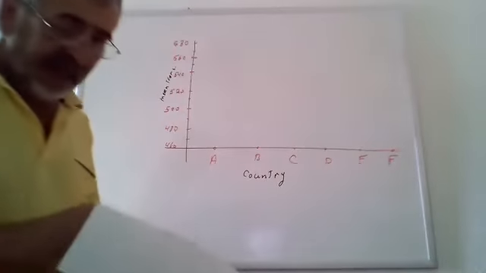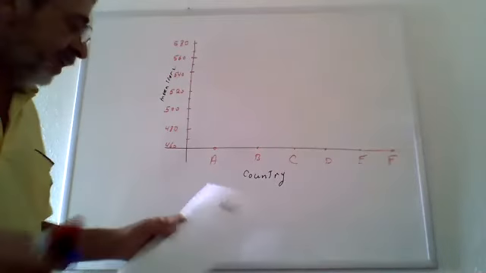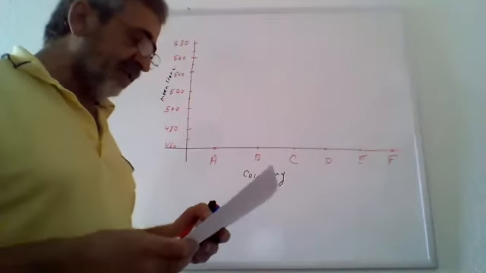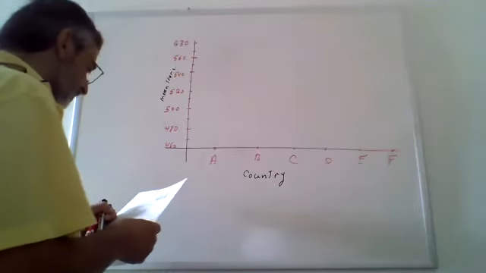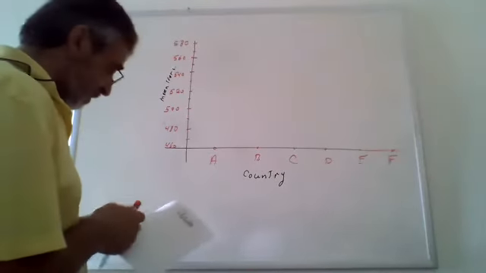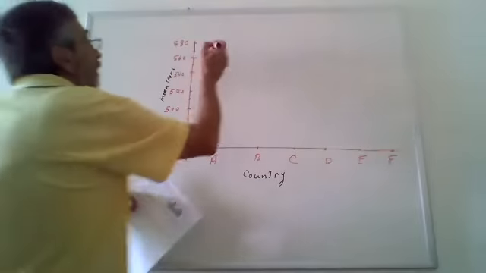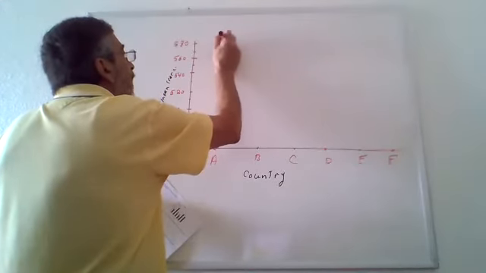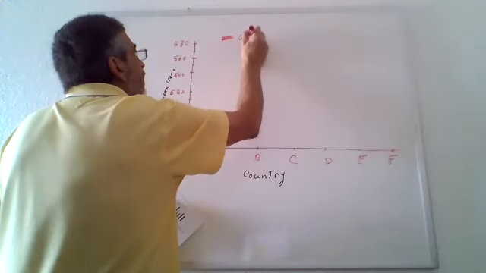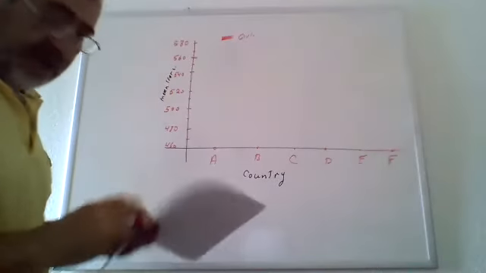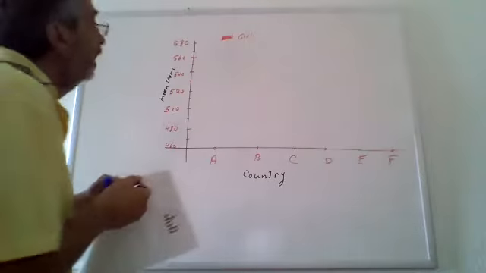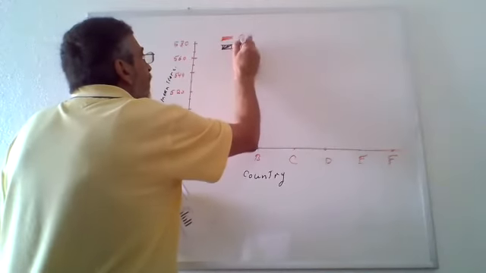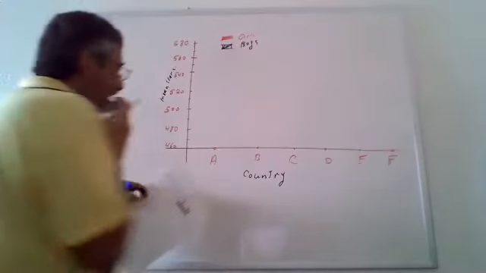Okay. Now, in each country, two different teams will play. So we have the boys and the girls. Let's say red is for the girls, and say black is for boys. Okay?